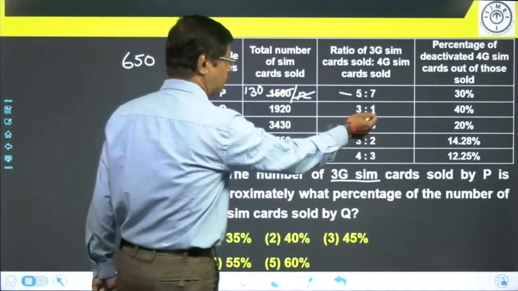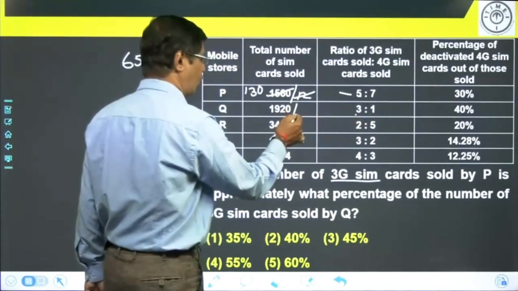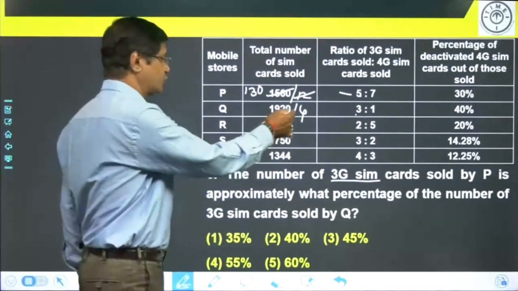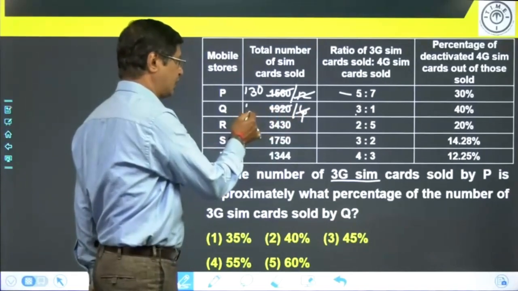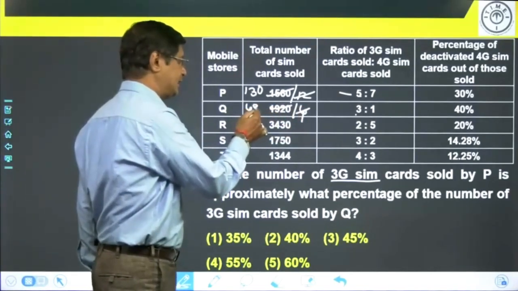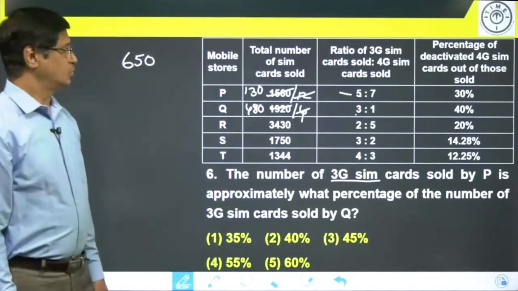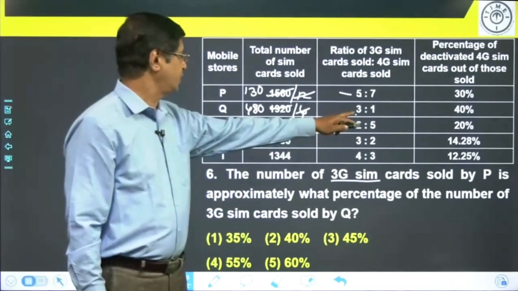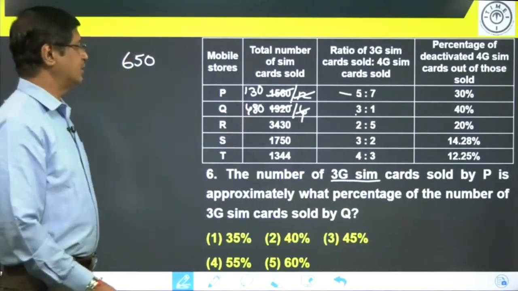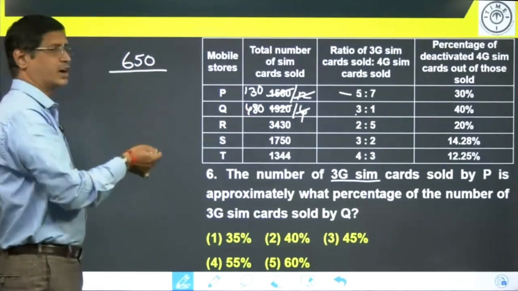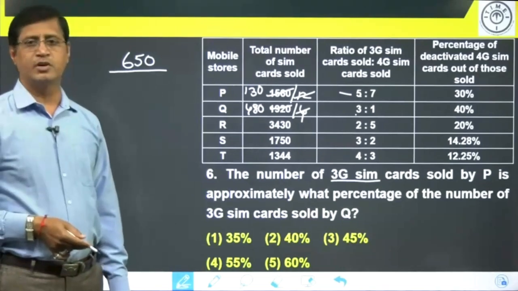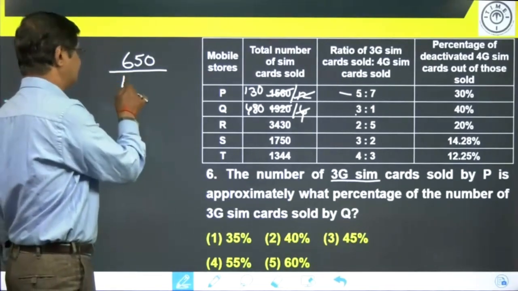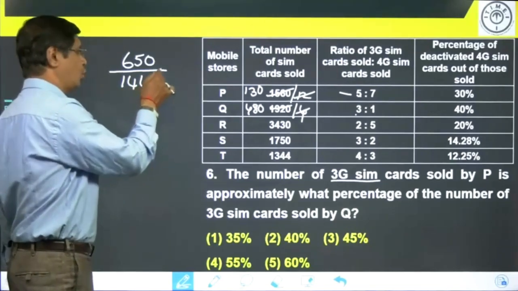What is the total number? 1 plus 3, that is 4. 1920 here goes how many times? 4 times, 16, and 8 times and 0. So what is the result here? The result is now 3 times of the value. 3 times of 480. 3 times of 400 is 1200. 3 times of 80 is 240. 1200 plus 240, the result is 1440.